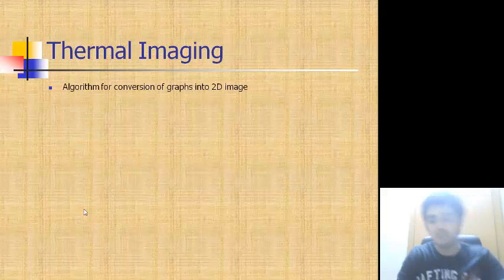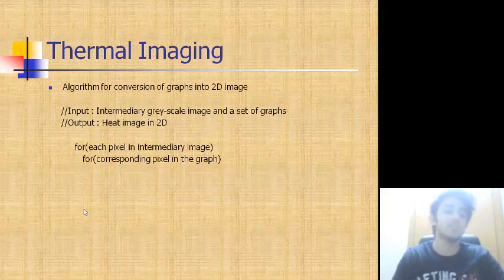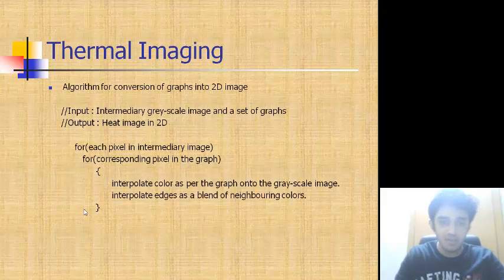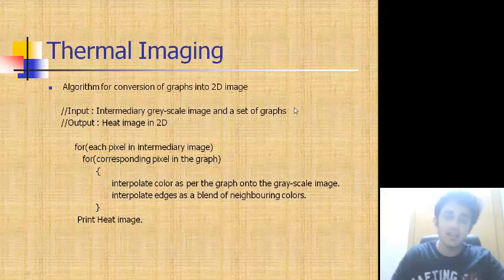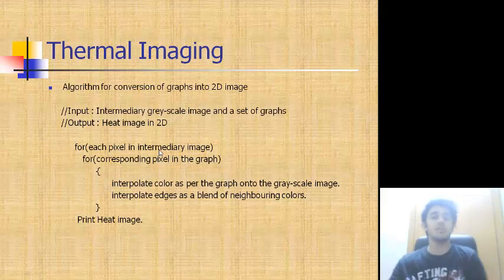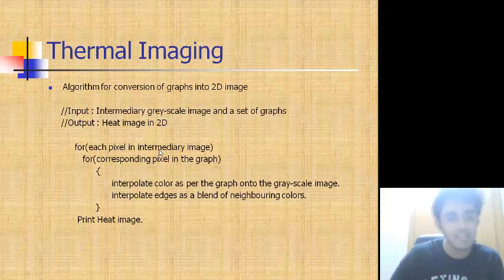Next is the pseudocode for thermal imaging. As we saw before, we got an intermediary grayscale image and a set of graphs. So we use this to get a heat image via the following code. For each pixel in the intermediary grayscale image, and for each corresponding pixel in the graph, we interpolate the color as per the graph onto the grayscale image.